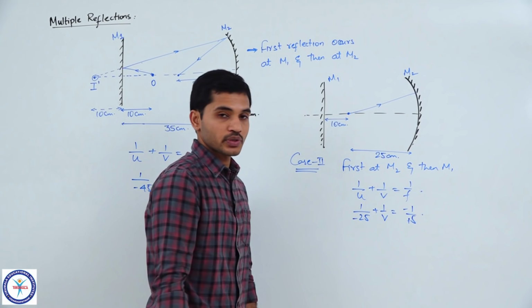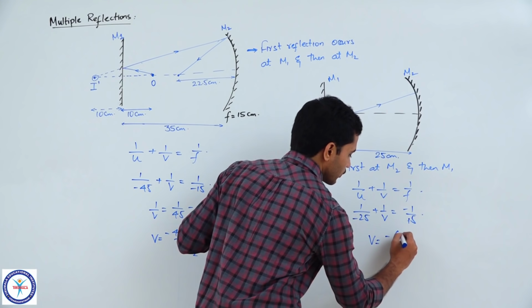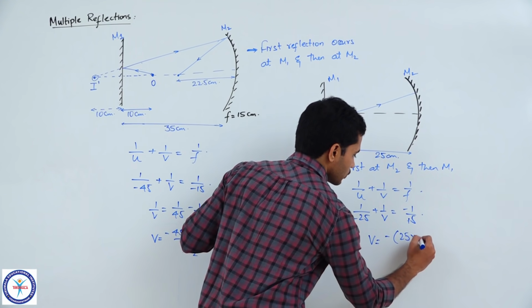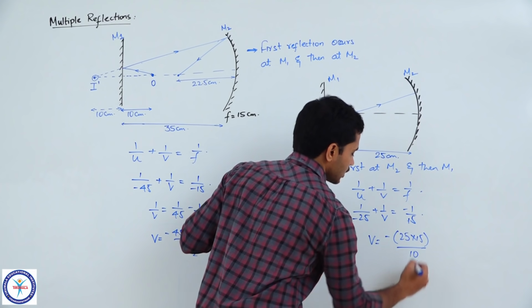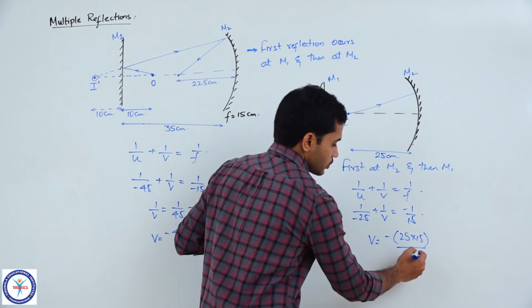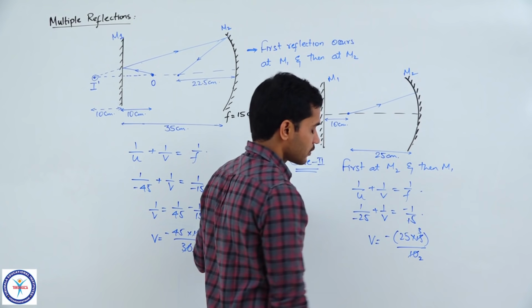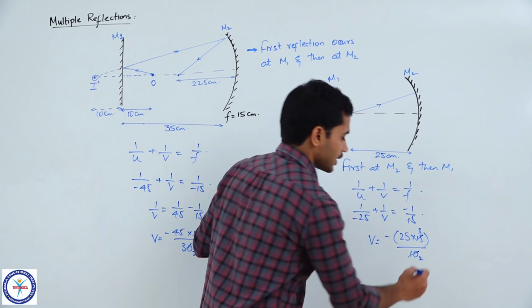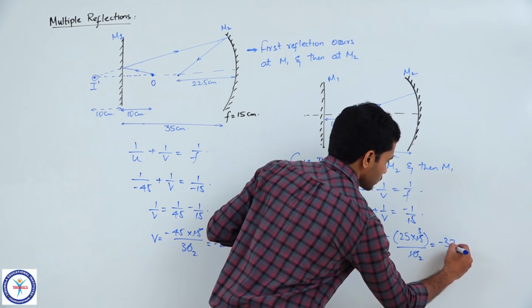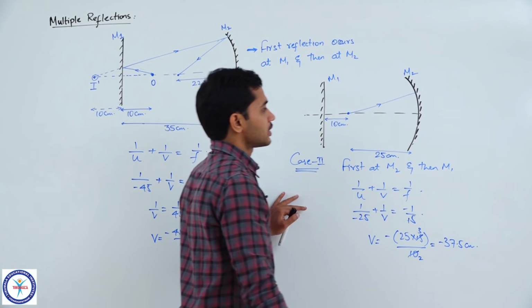That is the expression which we get. Once again solving this I will be getting the value of v as minus 25 into 15 by 10, right. So, 5 2s, 5 3s, 75 by 2, which is minus 37.5 centimeters. So, that is what we get.